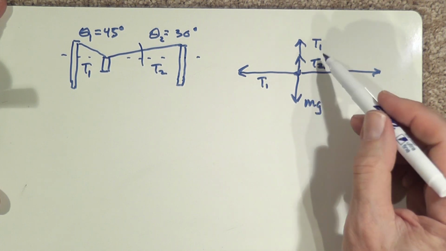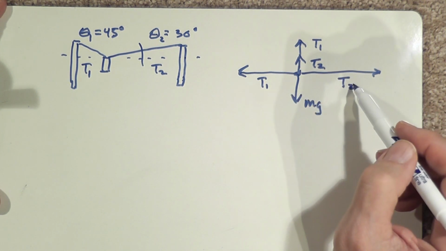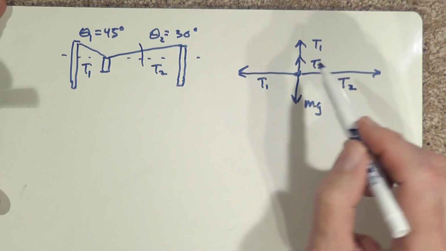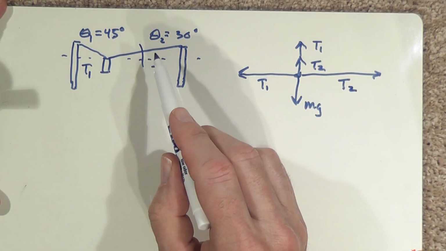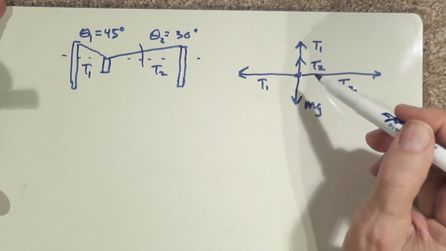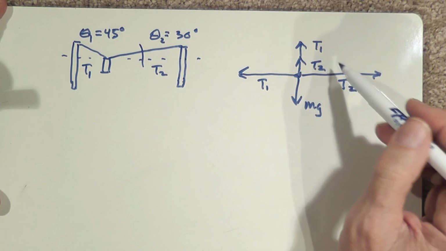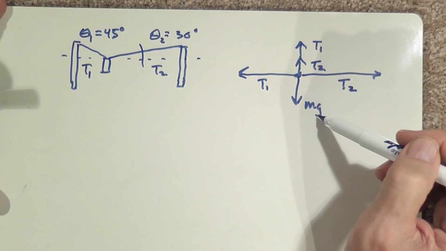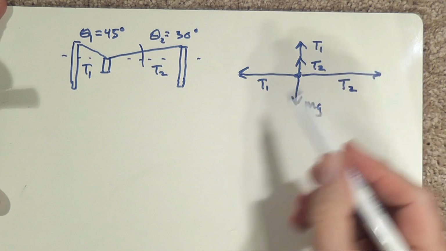Now what we can say about this is that the system is in equilibrium, so the horizontal components of T1 and T2 must be equal, and the vertical components of T1 plus T2 must be equal to mg. So we'll take the x-axis first.